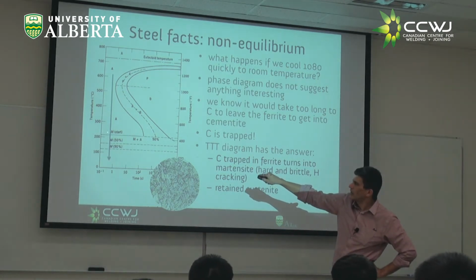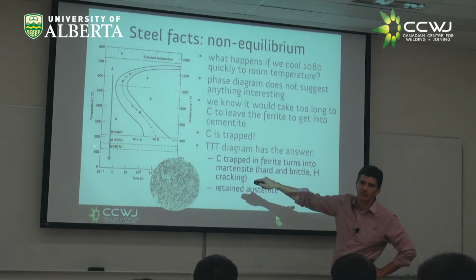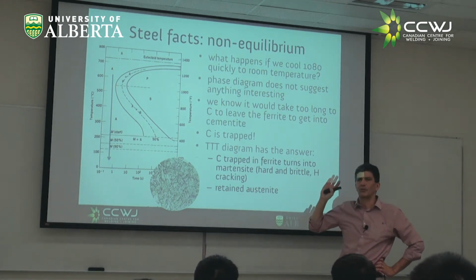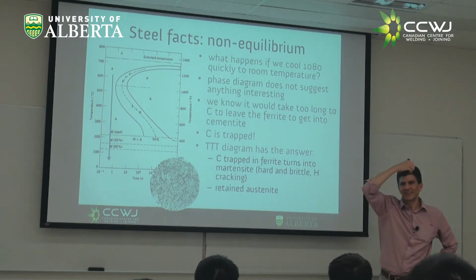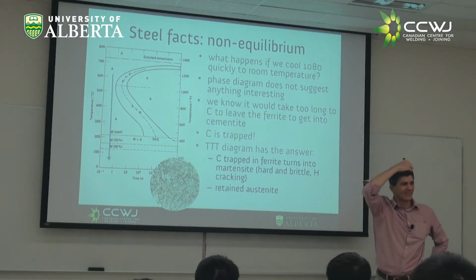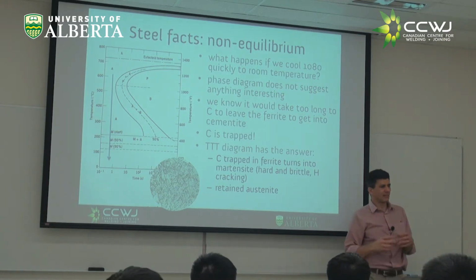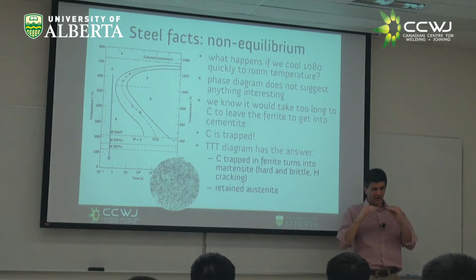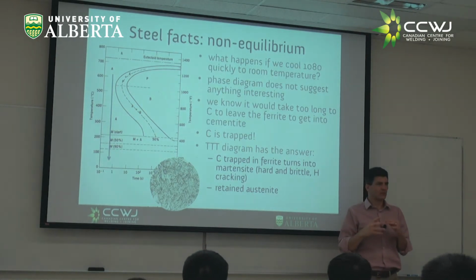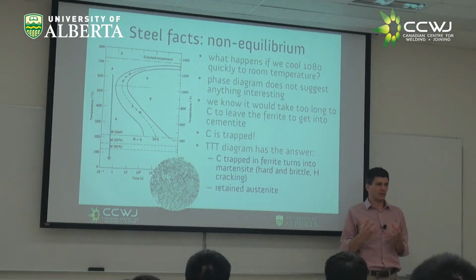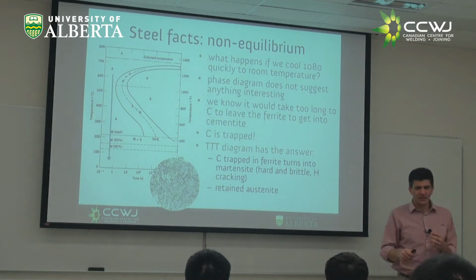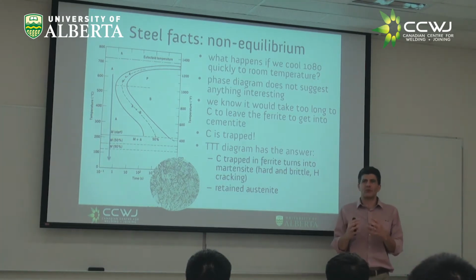And then as you cool down, you would go to 50% martensite or 90% martensite. What do you call what has not transformed into martensite? Do you remember? Word everybody? Austenite. Retained austenite, right? That's the famous retained austenite. And what happens is as the martensite is forming, it's distorting the lattice, introducing lots of strain energy, such that it gets to a point in which the austenite cannot transform anymore because it would require too much strain energy to transform.